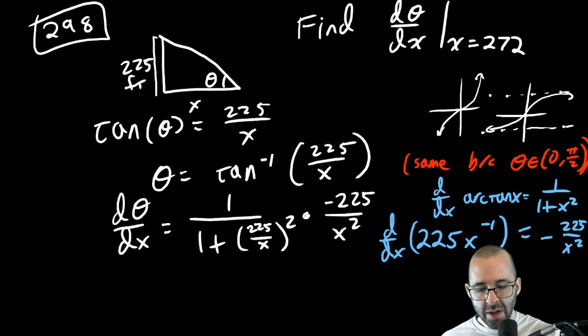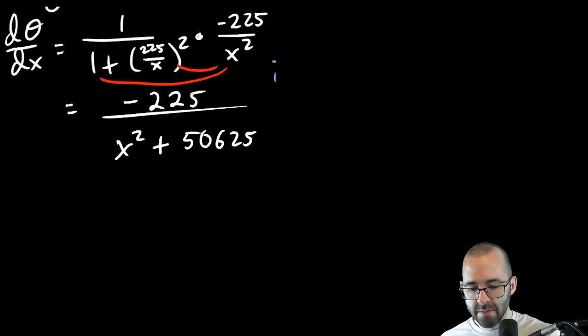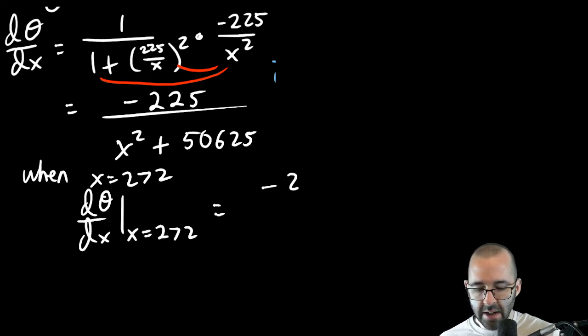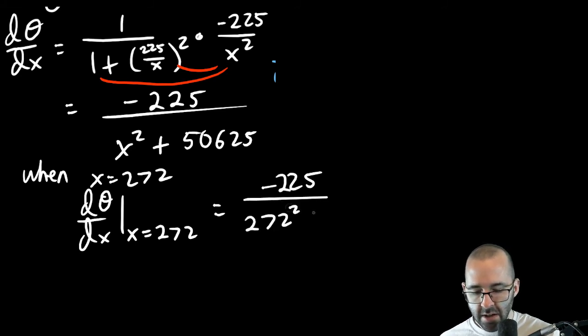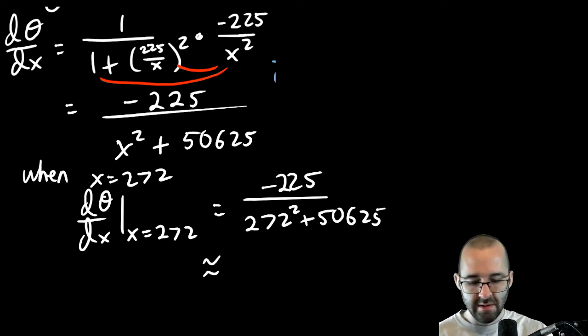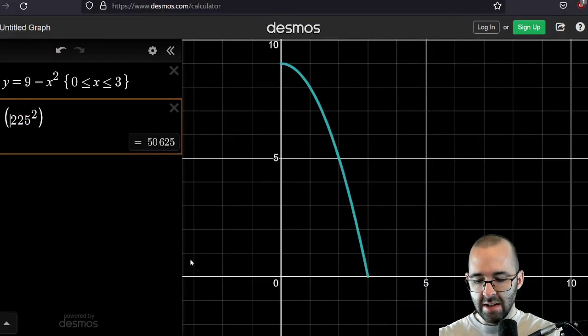And specifically, it wanted us to look at it when x was 272. Just plug in. The d theta dx evaluated when x is 272 is negative 225 over 272 squared plus 50,625. Whatever that is, it looks kind of messy.